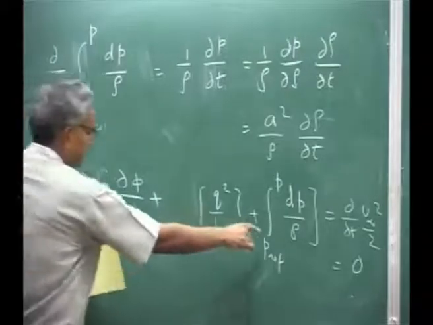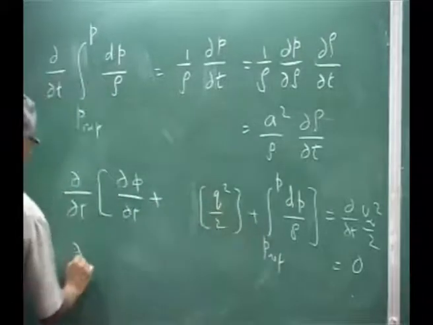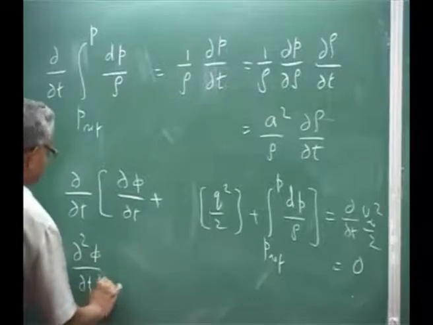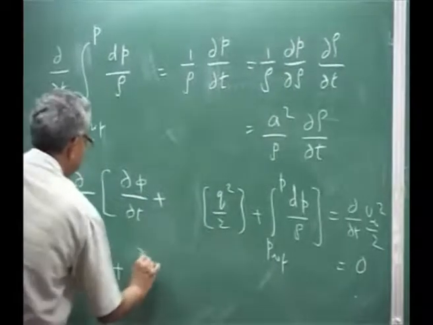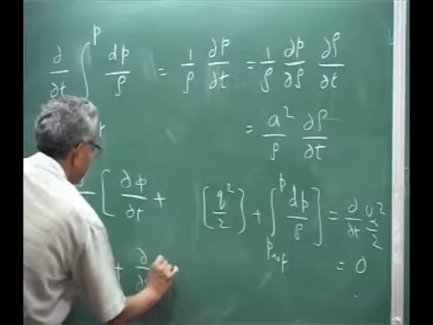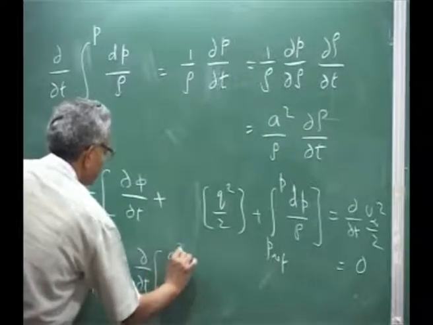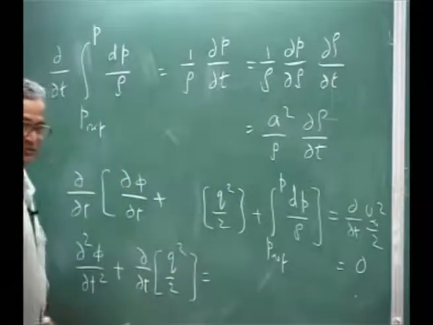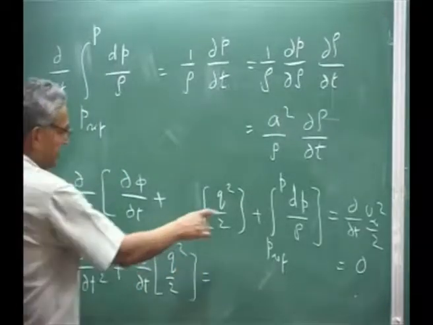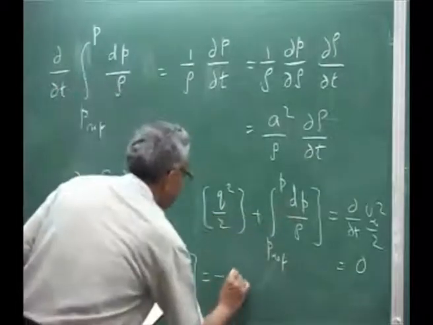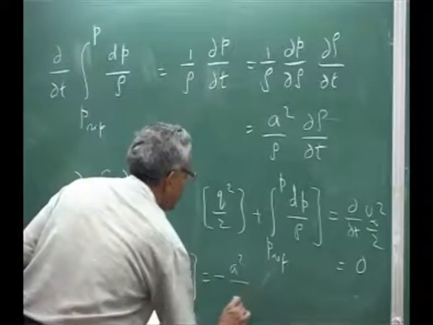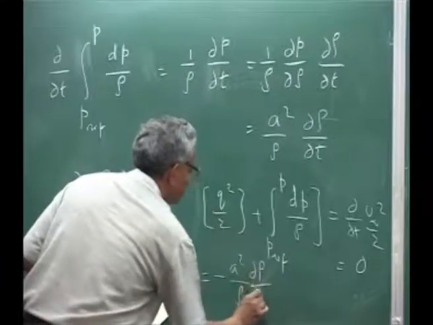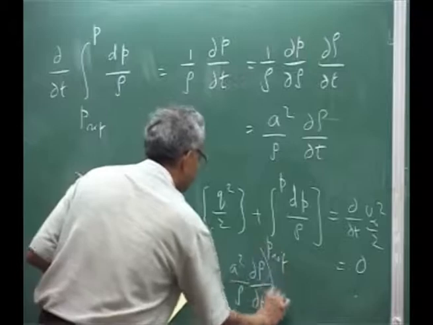Then I will get del square phi over delta t square plus del over del t of q square over 2 is equal to, taking this term, minus a square over rho delta rho over delta t.